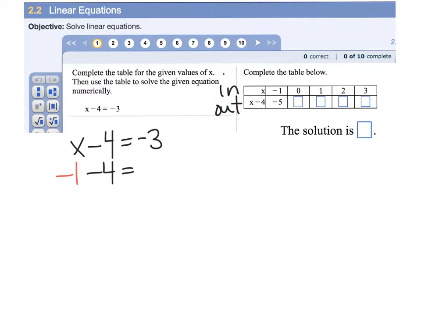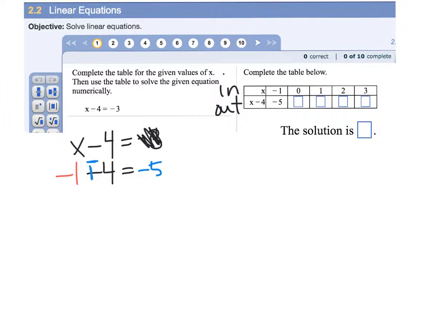So temporarily, I want you to ignore that negative 3. So if you input a negative 1, negative 1 minus 4 is the same thing as negative 1 plus a negative 4, so that's negative 5. And so that's how they get a negative 5 right there. All right.